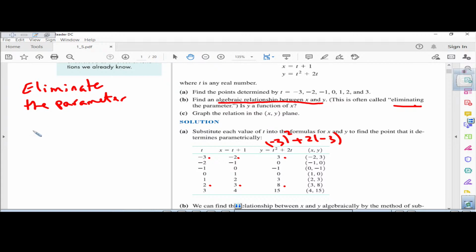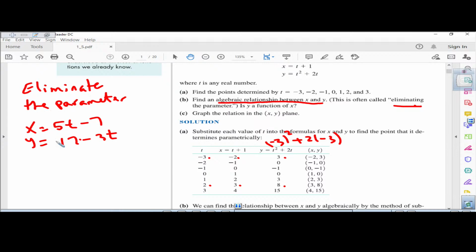If I said, for example, x equals 5t minus 7 and y equals 17 minus 3t. Okay?